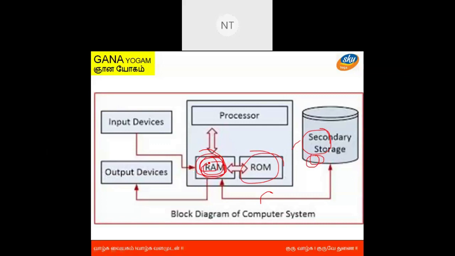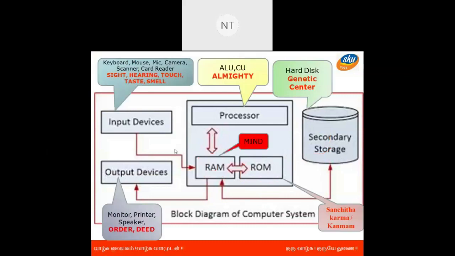Okay, let's compare everything to our human system now. Look, I call these input devices. The information which goes from outside to the computer is called input. Which means, you are typing your name through what? Keyboard.